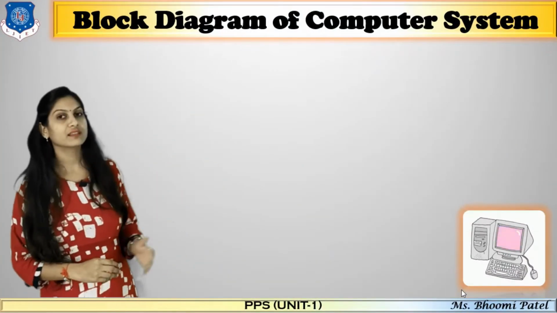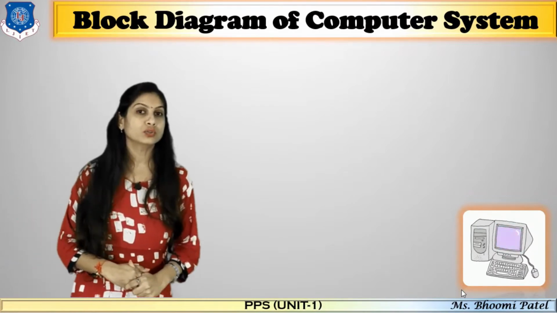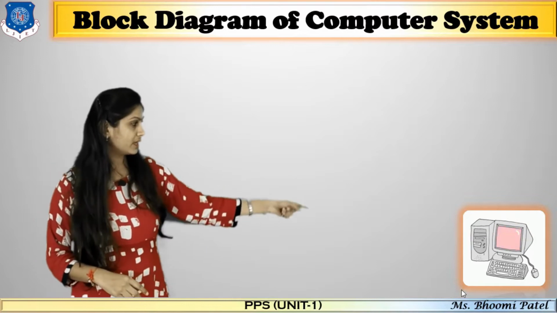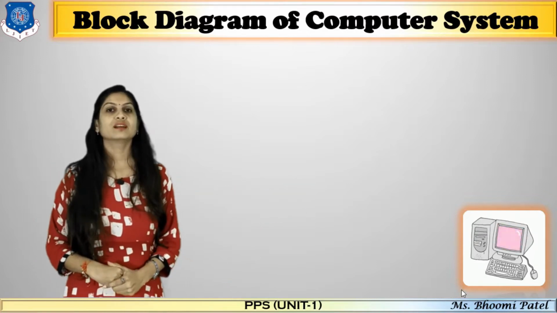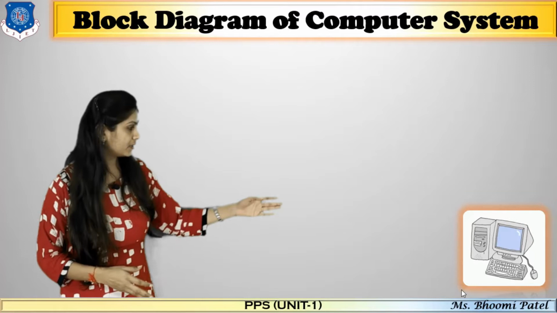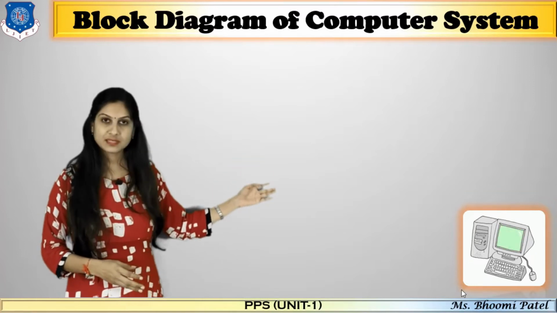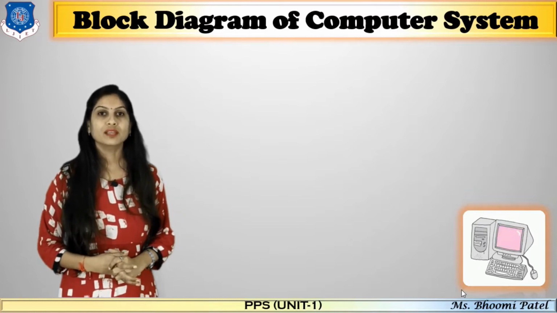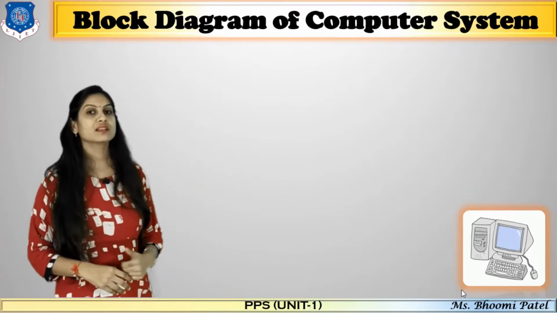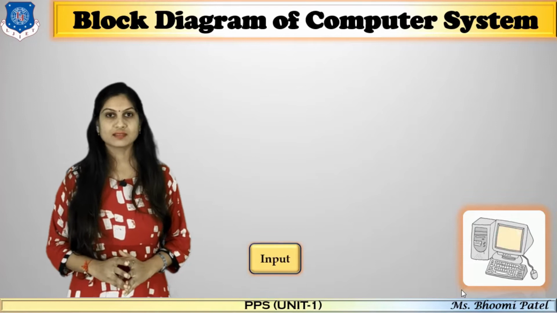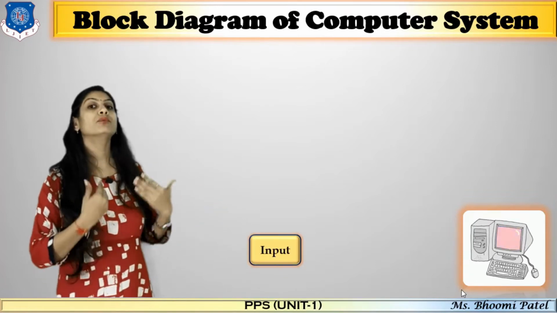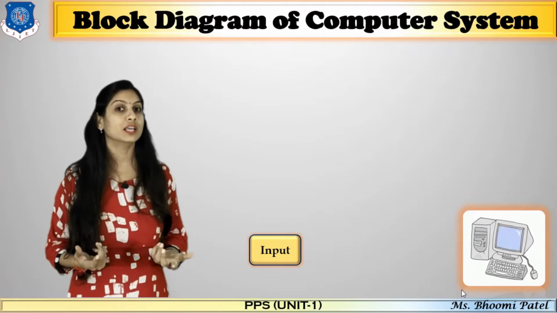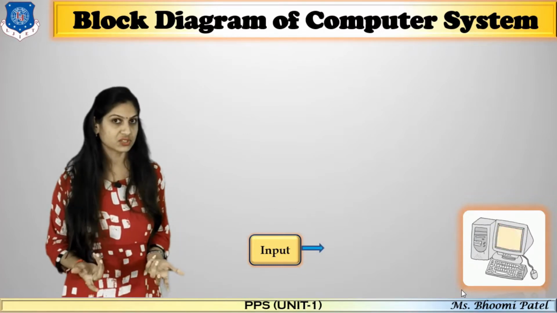Before starting this, first you should know the definition of computer, what it is. See here the figure of computer. It consists of so many parts like keyboard, mouse, CPU, monitor. So what is the actual computer? The computer is nothing but an electronic device that takes input from the user. The input can be data or information or instructions.